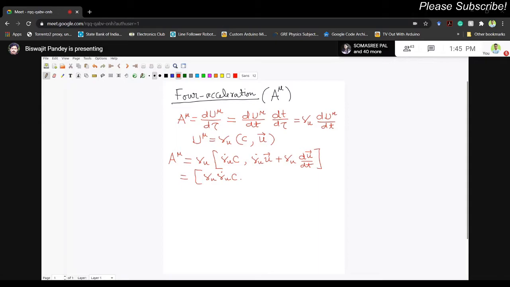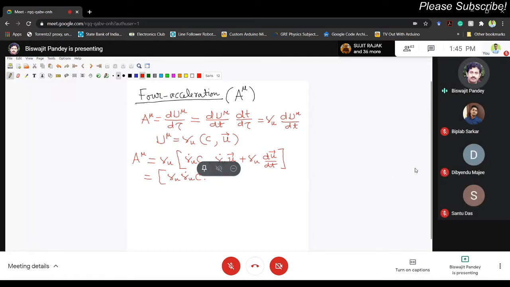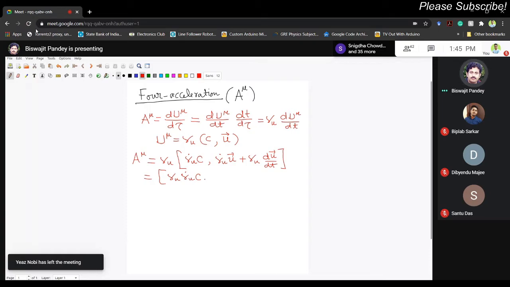This is gamma u dot. Now, if I multiply this gamma u dot with gamma u, you can see this will become gamma u to the power 4, right? There is a c here and there is c square here, so one c will be cancelled. So let us write down the expression for a mu first. Maybe I can go to the next page.